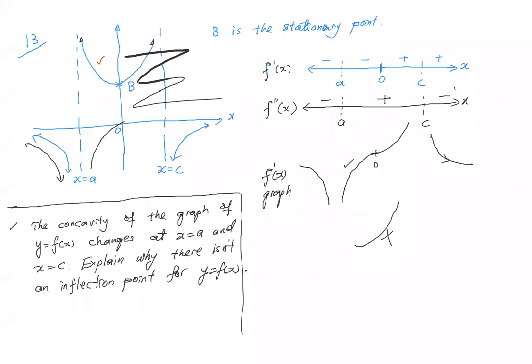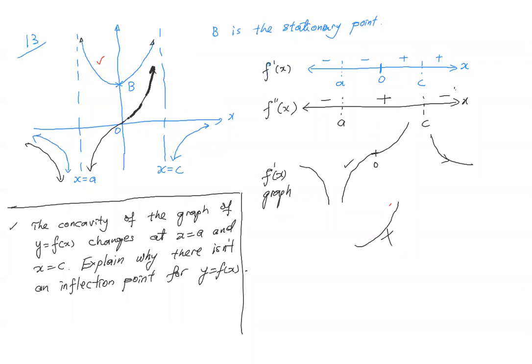You get me? Then after that, you go to the positive side. Sorry, I delete off this one. So then you go here, then it becomes more and more increasing rate. So it goes like that.